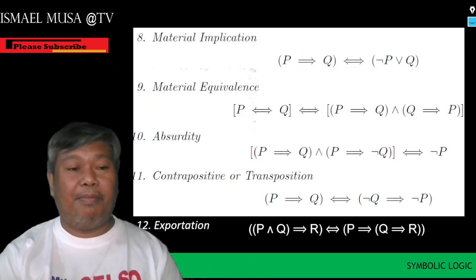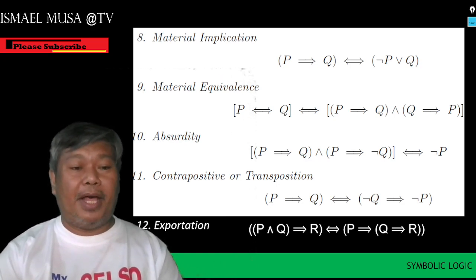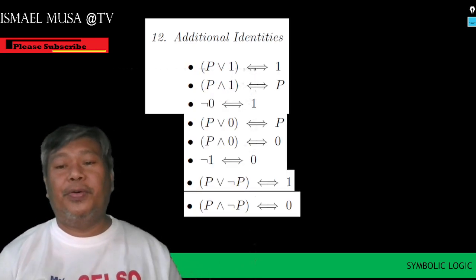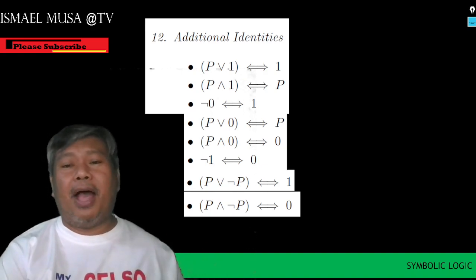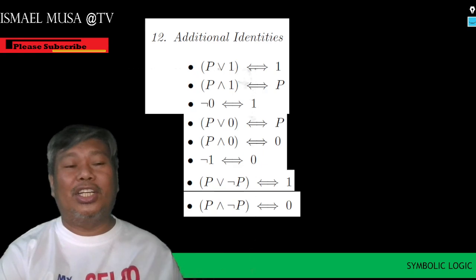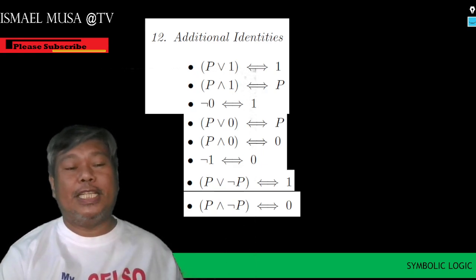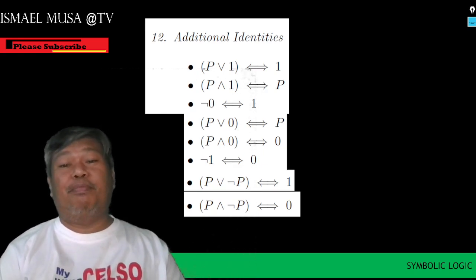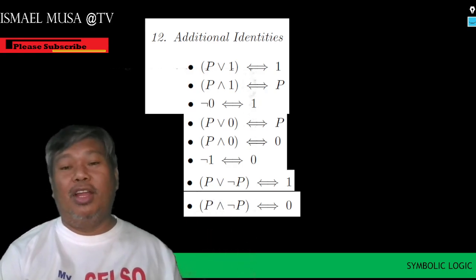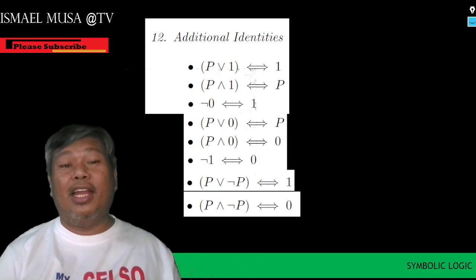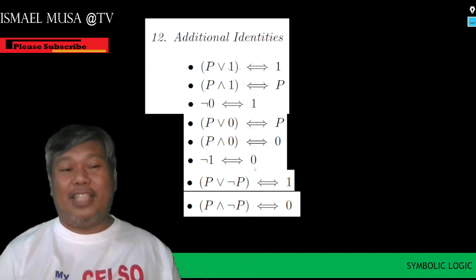Then we have material implication, material equivalence, absurdity, contrapositive or transposition. And we have also what we call the exportation. Now, we need the following because instead of doing a truth value table, we can use logical identities to determine the truth value of the statement.